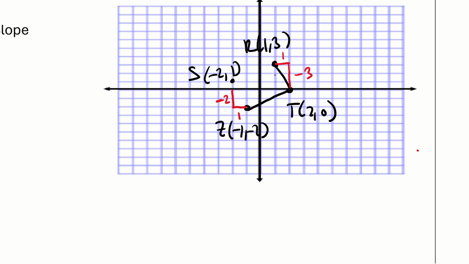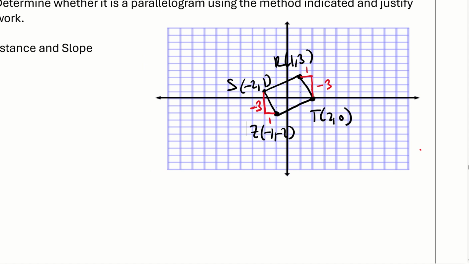So when I draw it, it's actually 1, 2, 3. So it's actually going down 3. Okay, so I was going to say it's not a parallelogram because that failed, but it looks like they're both the same. So the slope for SZ is the same as the slope for RT, and it's rise over run, so -3 over 1.